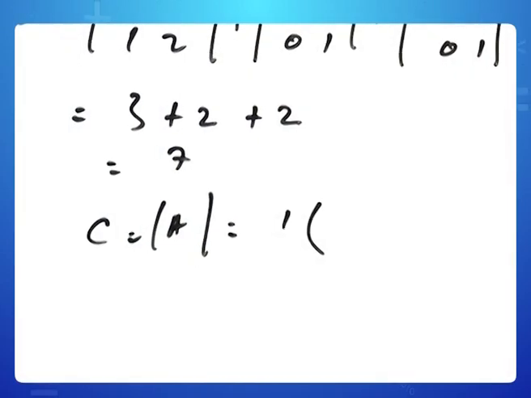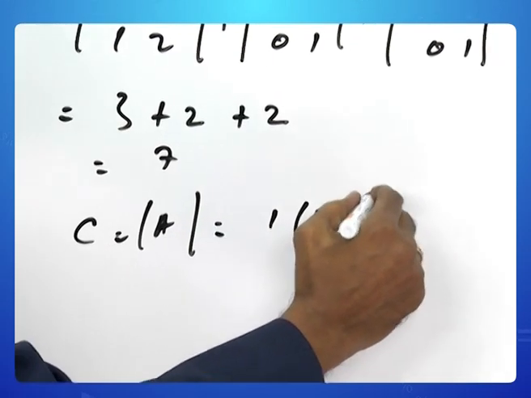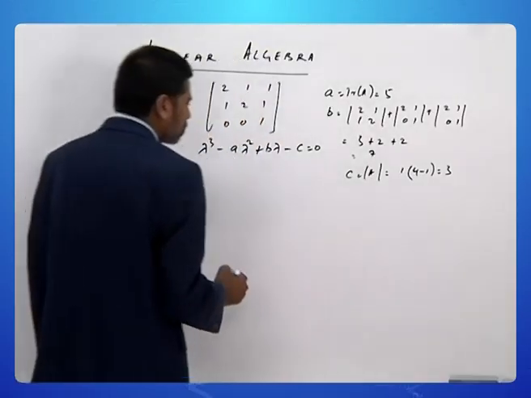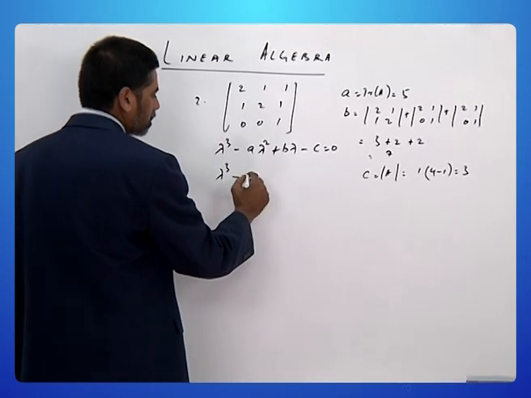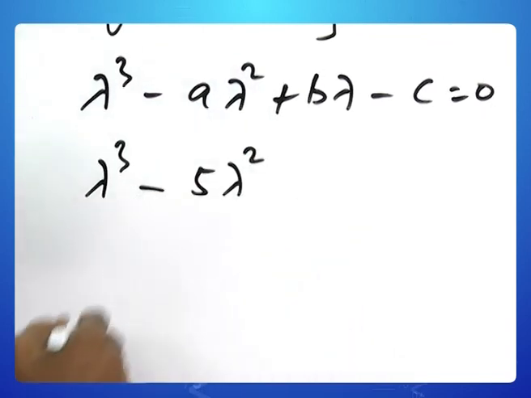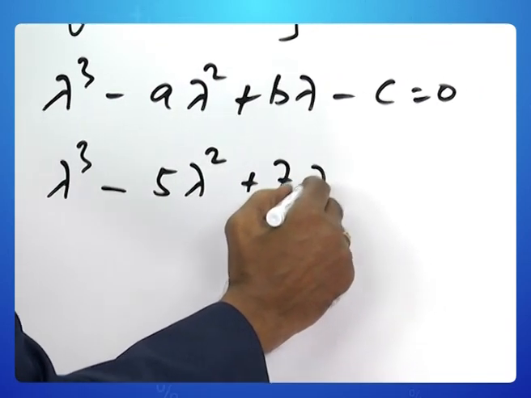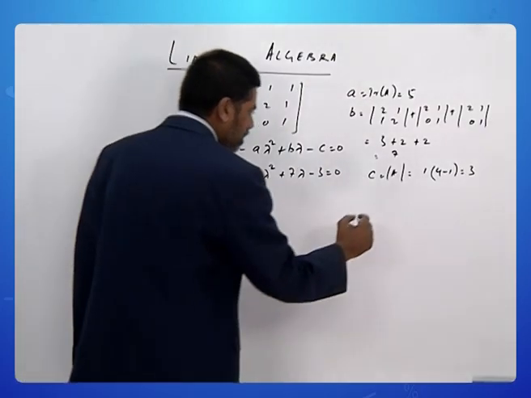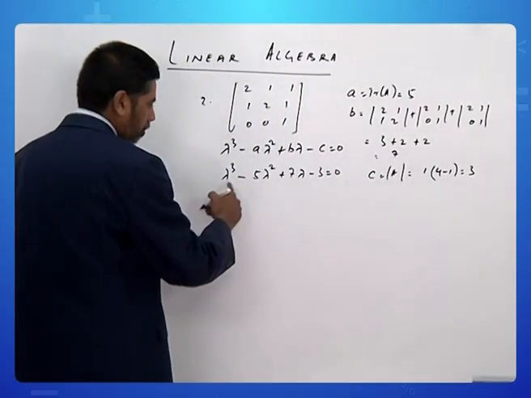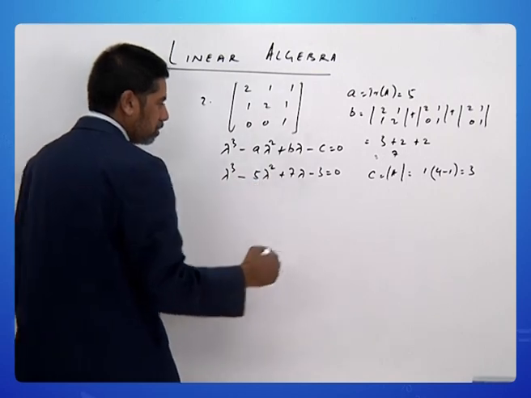You will get 1 into 4 minus 1, which is 3. So we can write the characteristic equation as lambda cube minus 5 lambda squared plus 7 lambda minus 3 is equal to 0. So you can easily see that the sum of the coefficients in this case is 0.